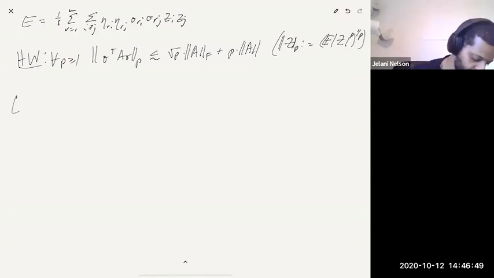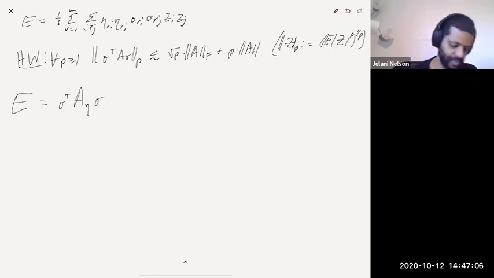So E, I can write E as sigma transpose, and then I'll call this matrix A sub eta, sigma. So it depends on eta.